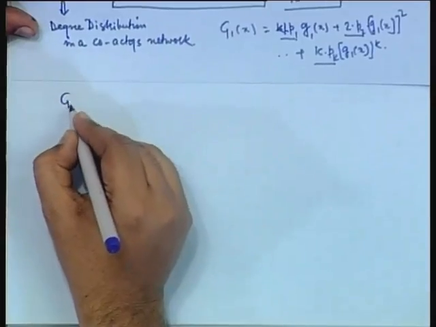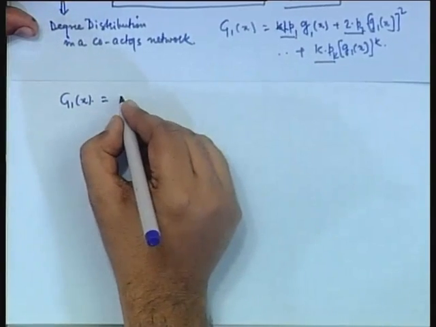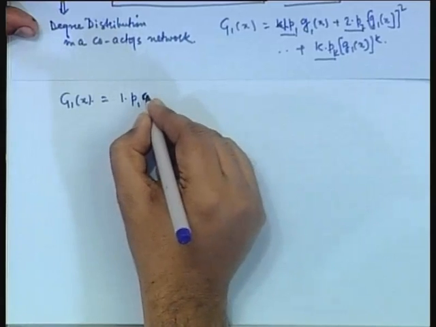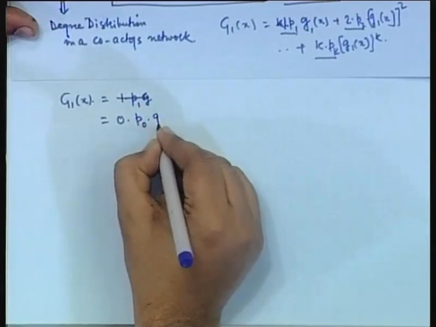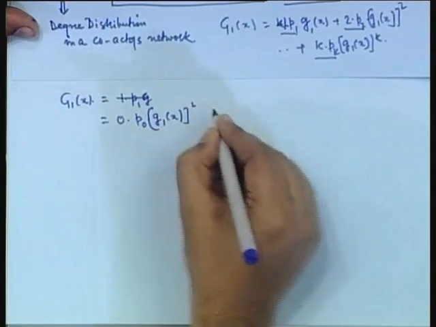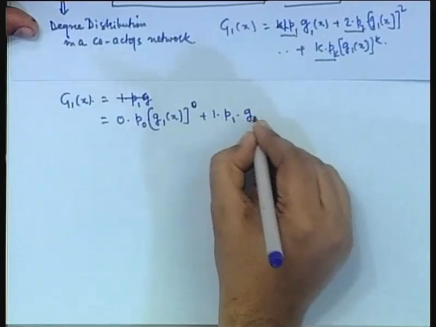So I write this in a better way. So, G1x is what? 1 into P1, I have 0 always, plus 1 into P1 G1x.